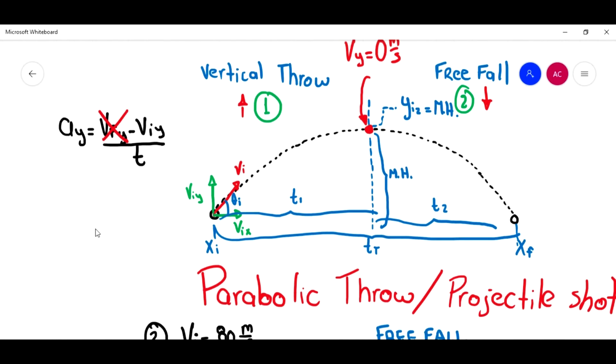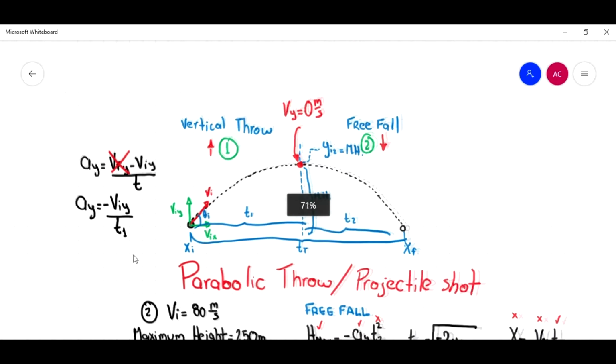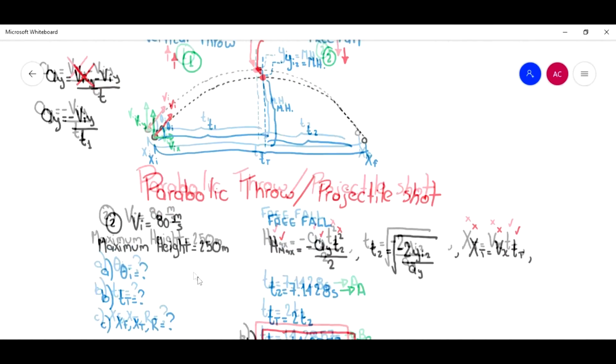So acceleration in y equals negative initial velocity in y over time. But what time? Of course, it's going to be time 1, the time that it takes the object to reach the maximum height. So this is going to be time 1, okay? So from that equation, I'm going to isolate.